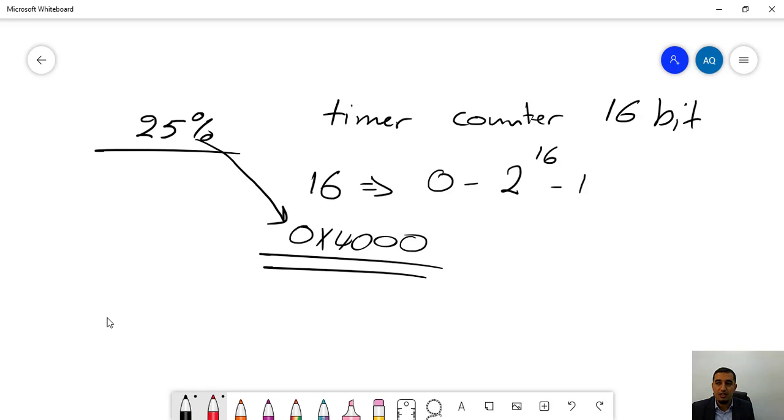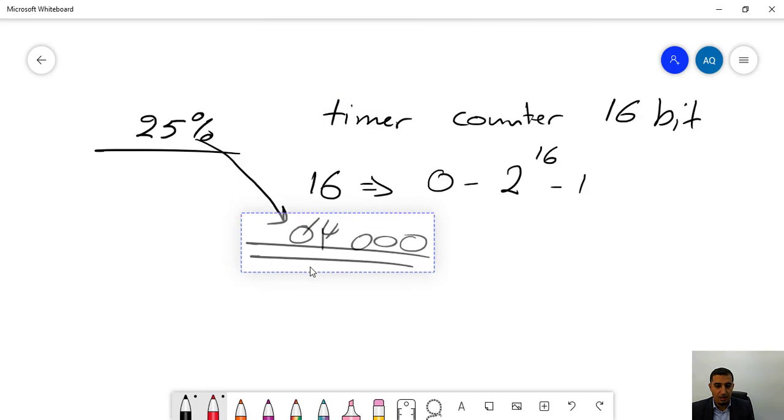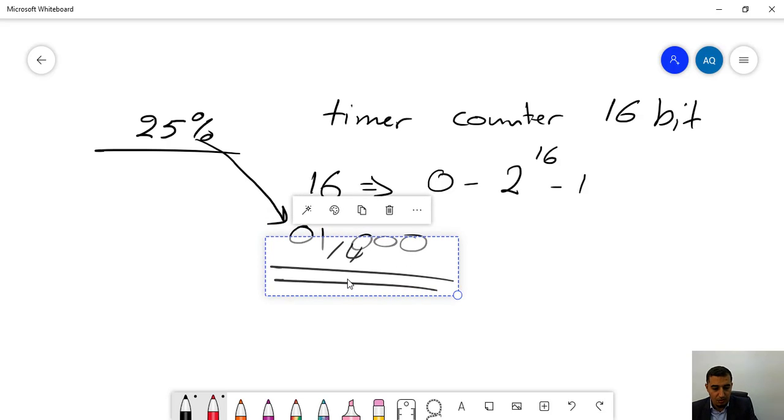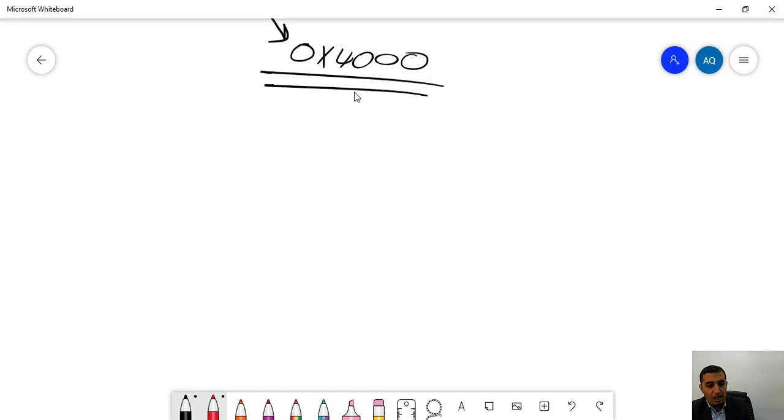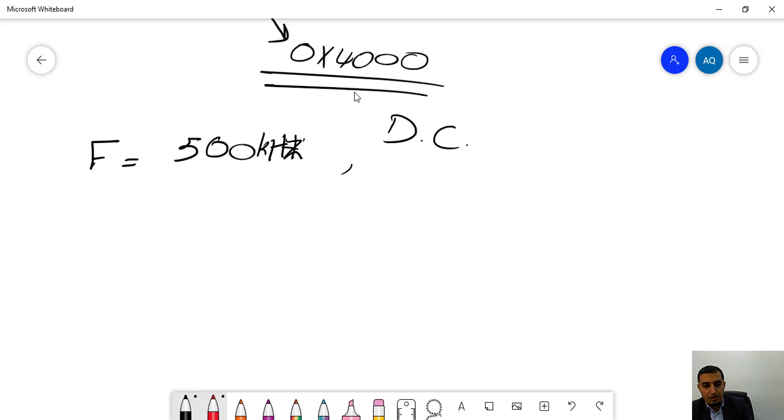What if I want to change the frequency of the system? Assume that I want to generate a signal, and the signal has a frequency of, let's say, 500 kilohertz, and a duty cycle of 40%.